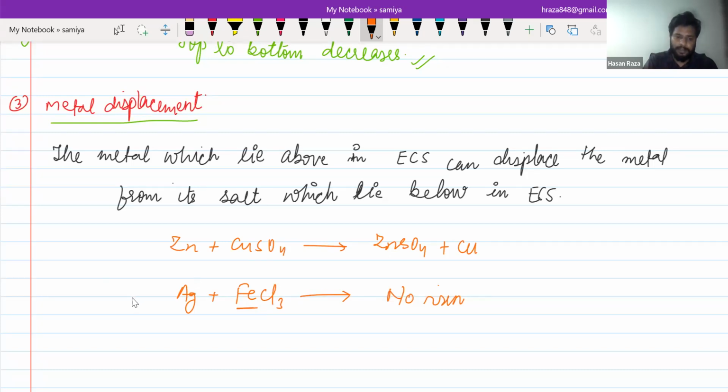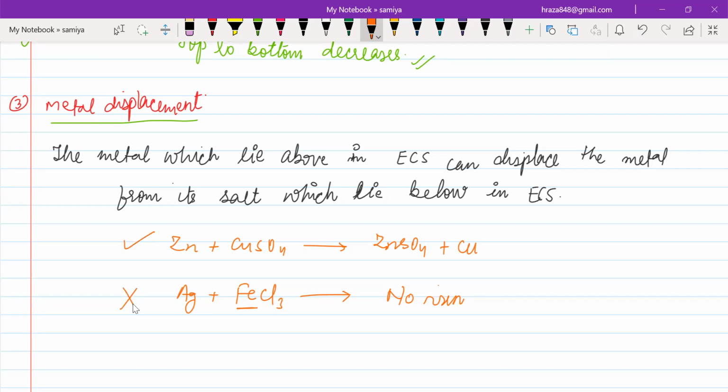So no reaction. Is that clear? Please write. When it comes to non-metal displacement reaction, this sentence will be reversed. We will see what happens there. Please write it and let me know.